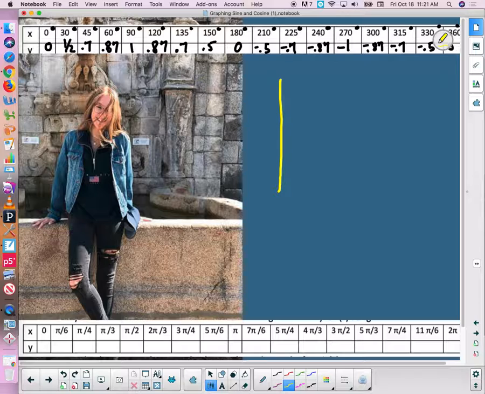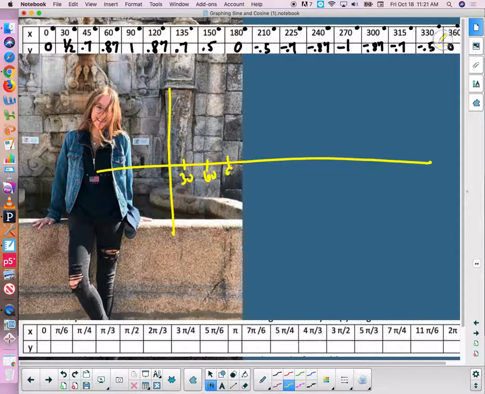Okay, so now I'm going to graph these. I'm going to go 30, 60, 90, and these are degrees. 120, 150, 180, 210, 240, 270, 300, 330, 360.